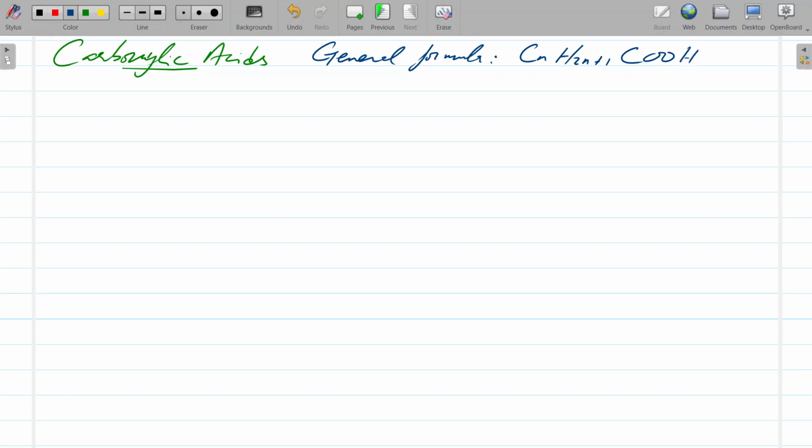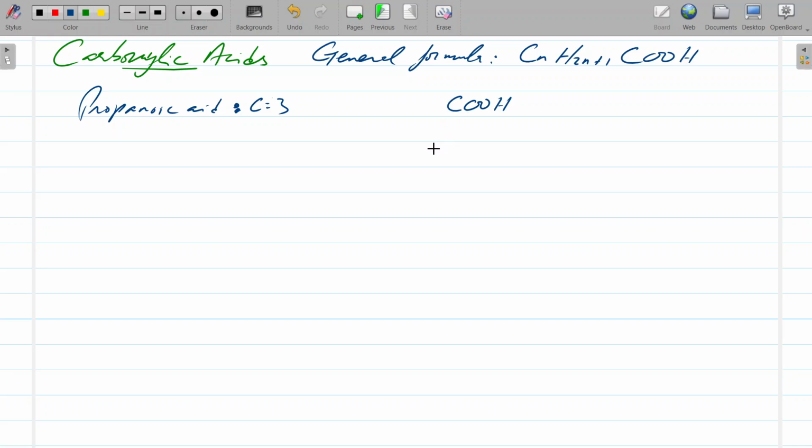No, that's penta. Sorry, 3. Propanoic, that's an A after the P, propanoic acid. So carbon count is 3. Now, how do I write out the formula? So keep in mind, COOH, write that down first. And so I already have one carbon. So how many carbons are left?